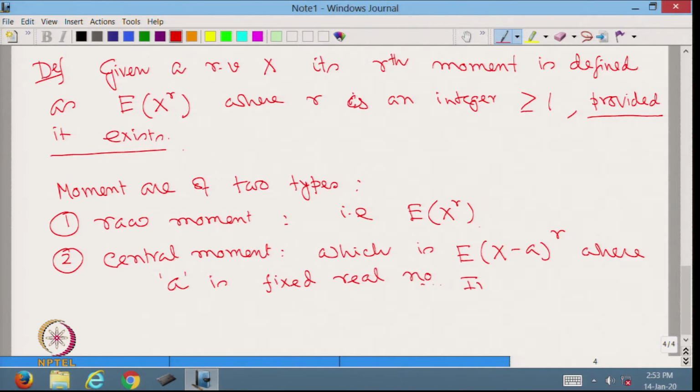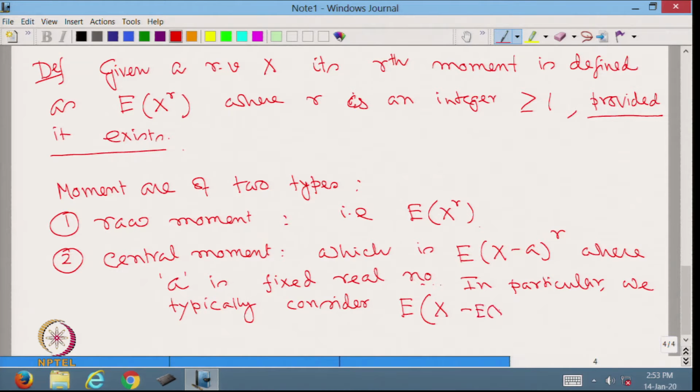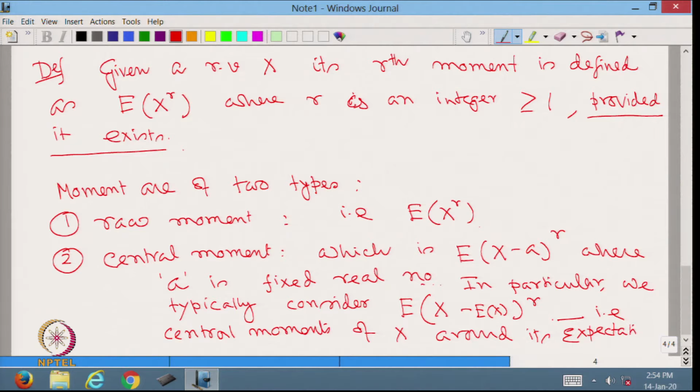In particular, we typically consider expected value of x minus expectation of x whole to the power r, that is central moments of x around its expectation. So, I hope you understand the concept.